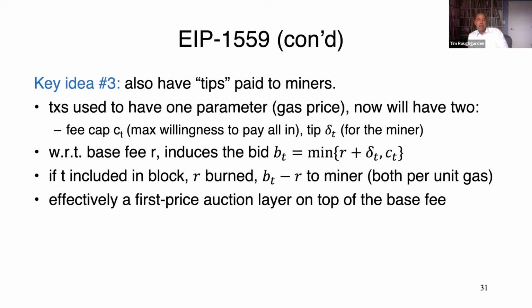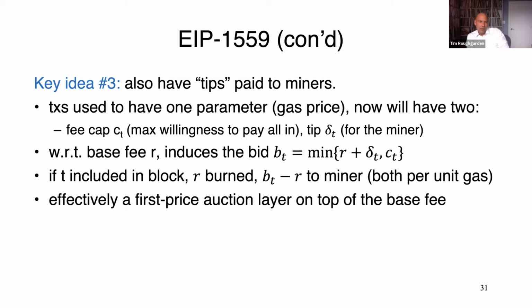And again, in the common case, these tips should be roughly zero. So the common case should be that transactions pay a non-trivial reserve price, all of which is burned, and then a relatively quite small tip, which is then transferred to the miner. That's the vision of how this is going to work.